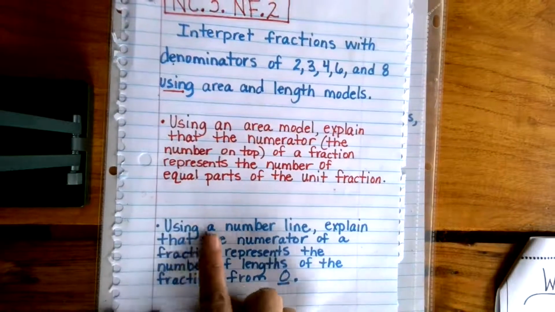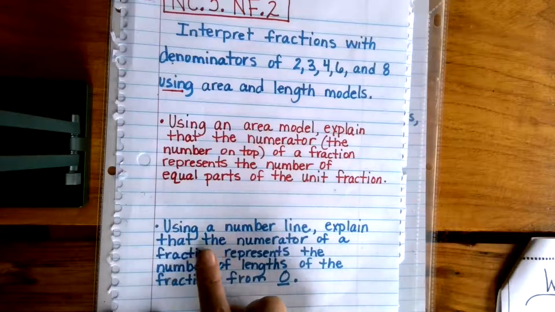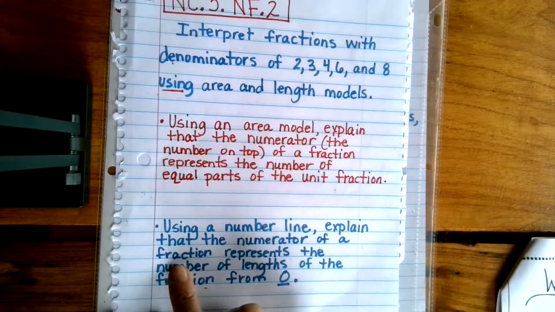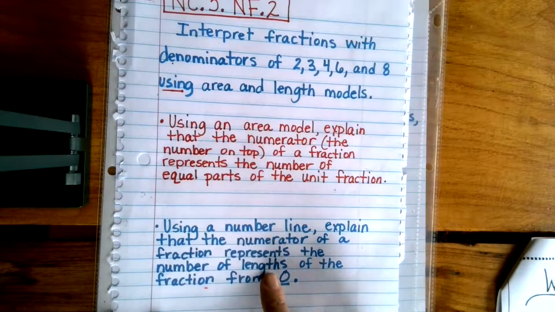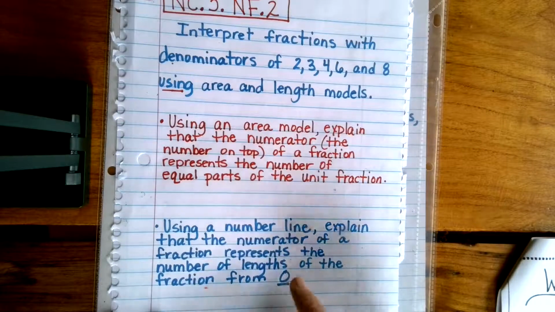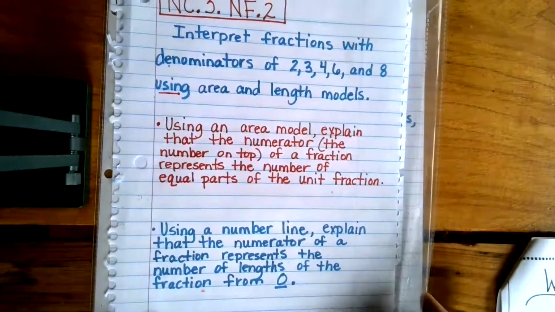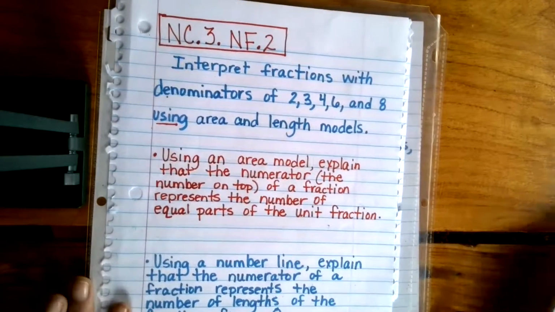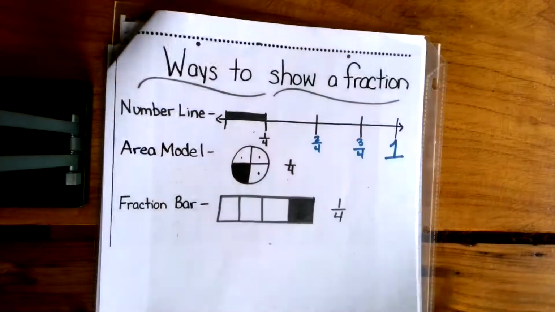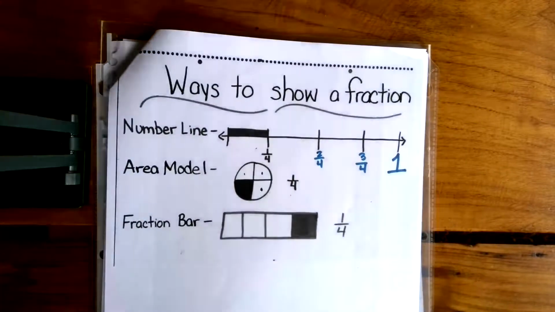And then using a number line, explain that the numerator of a fraction represents the number of lengths of the fraction from 0. Okay, so that's a little bit of definition about using area and length models. Okay, and we'll look at some pictures of those and ways to show fractions.